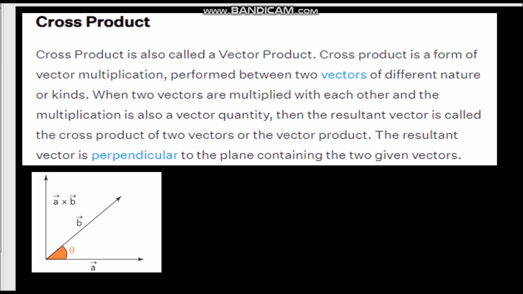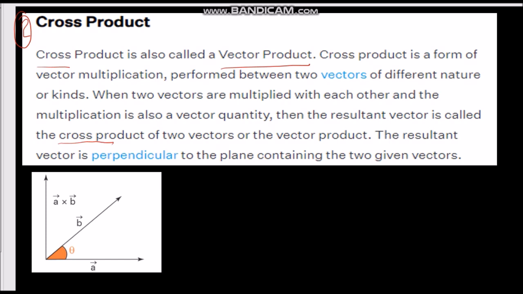The second one is the cross product. In general, the cross product is called the vector product. The cross product is a form of vector multiplication performed between two vectors of different nature or kinds. When two vectors are multiplied with each other and the multiplication is also a vector quantity, then the resultant vector is called the cross product of two vectors, or the vector product.